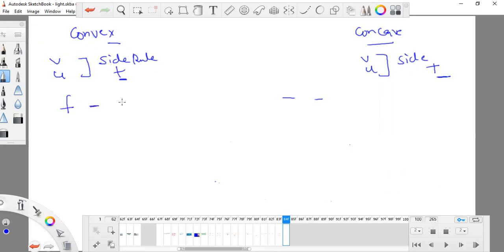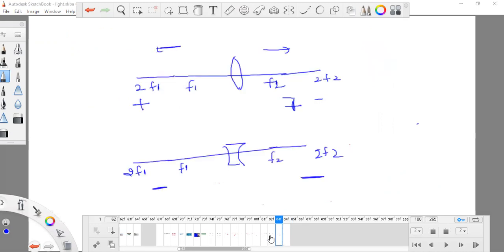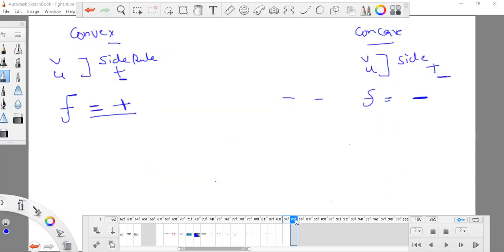For convex it should always be positive, wherever it is located, from left side to right side. And the focal length of a concave lens should always be negative. Now I'm giving you an idea how to remember this.